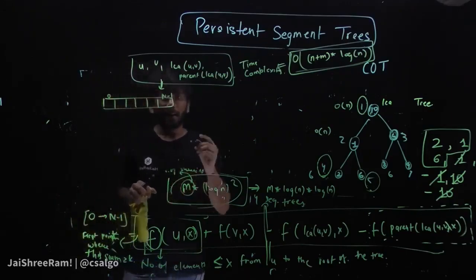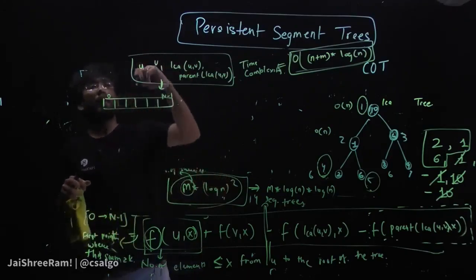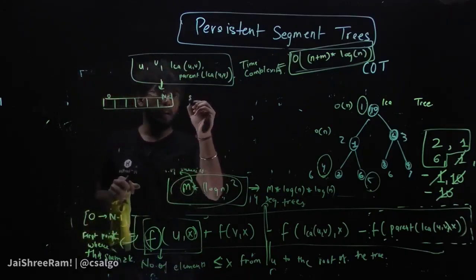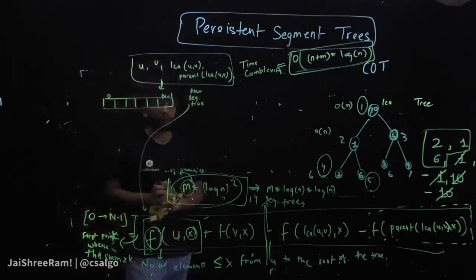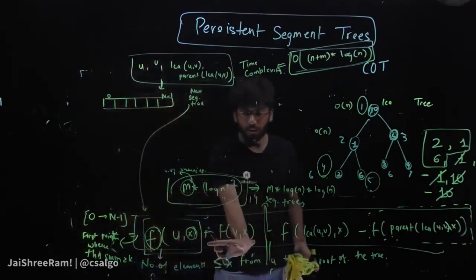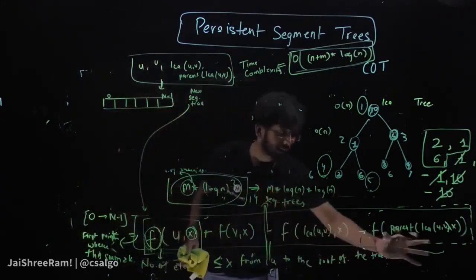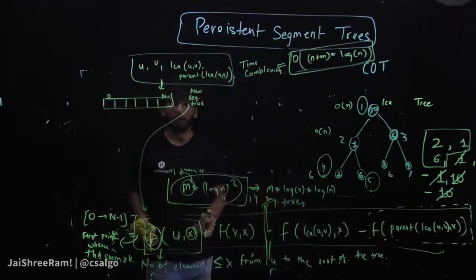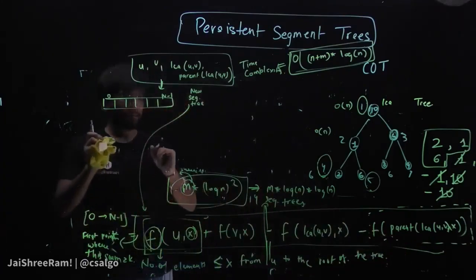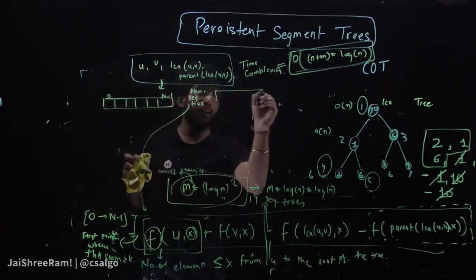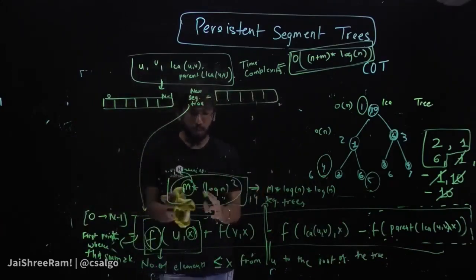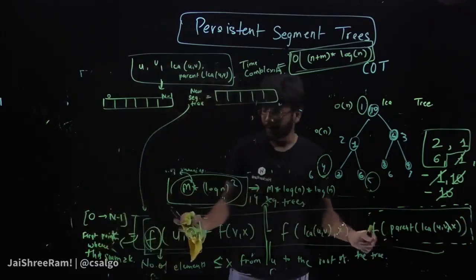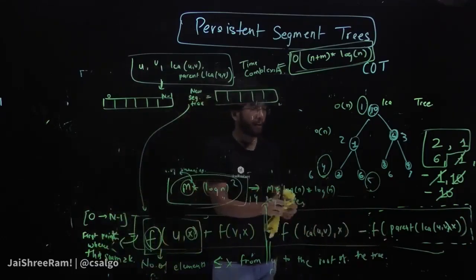So I can consider that I have formed a new segment tree which works as follows: the sum of these 2 segment trees minus these 2 segment trees. So this is how our new segment tree would look, and it would be constructed from the 4 segment trees that I have already explained to you.